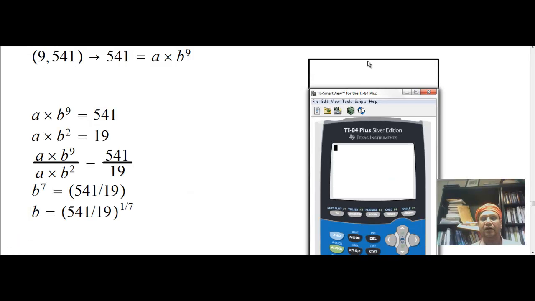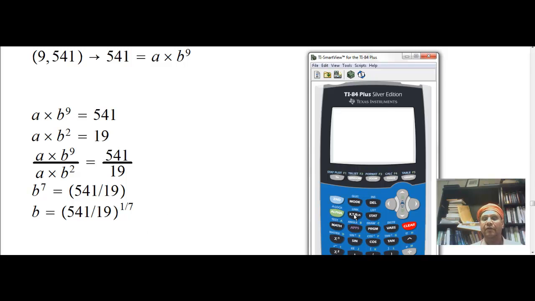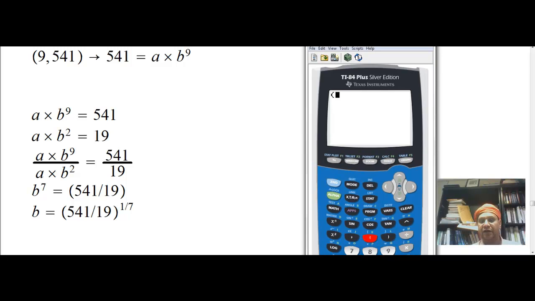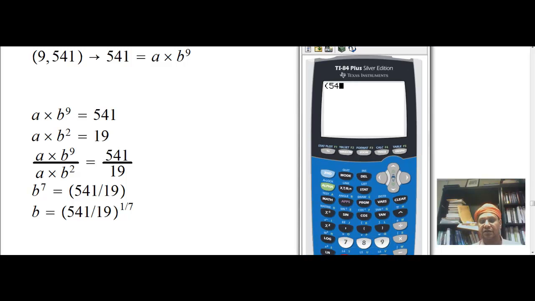So we have 541 divided by 19, and then raised to the power 1 over 7. So what do I have here? 1.613 and so on.